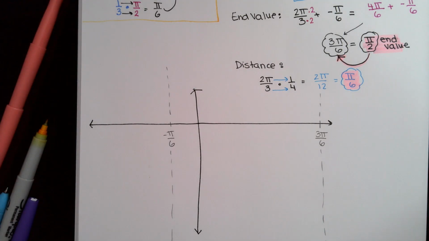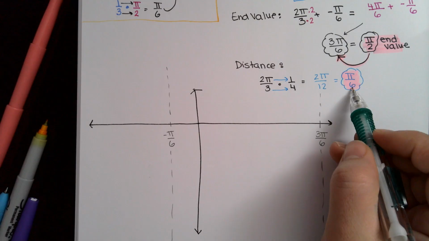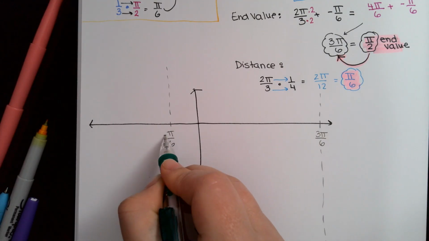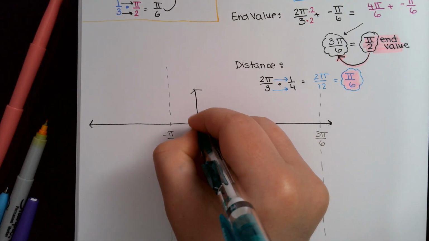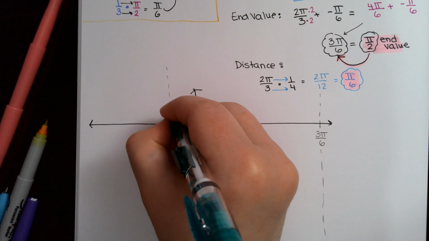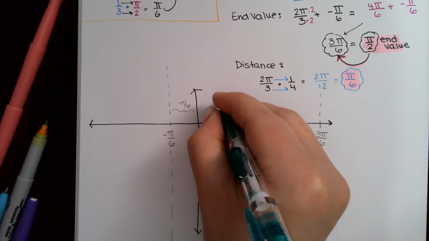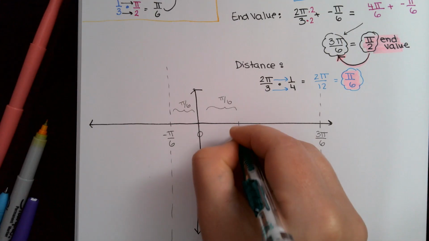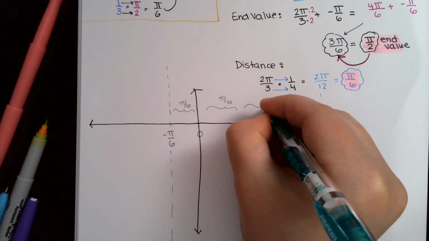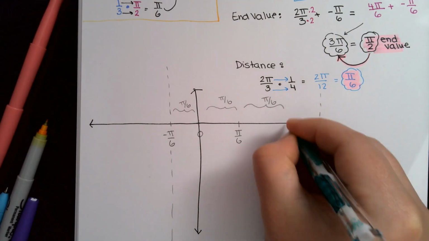Okay, so this is what I mean by using the distance. So if I know the distance is pi 6, from here at negative to 0, and I'll erase this. This is your pi 6 distance. If I add another pi 6, I'm here. And if I add another pi 6, I'm here.